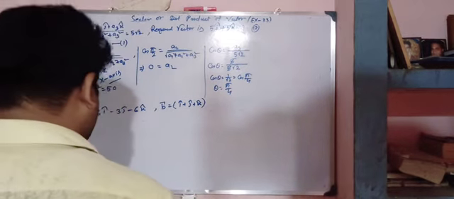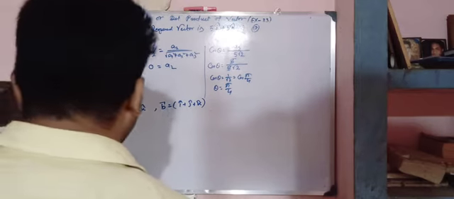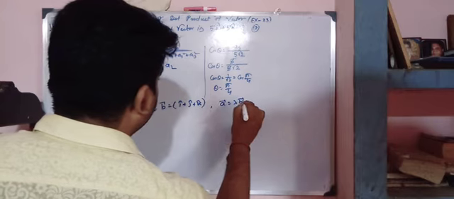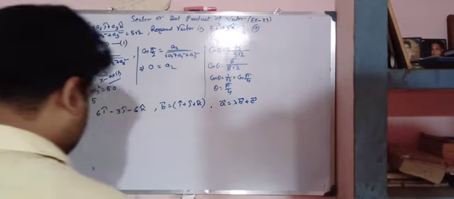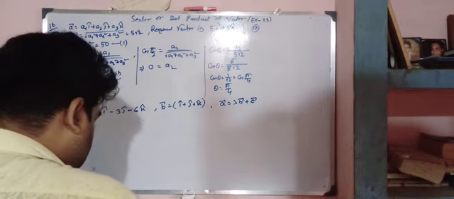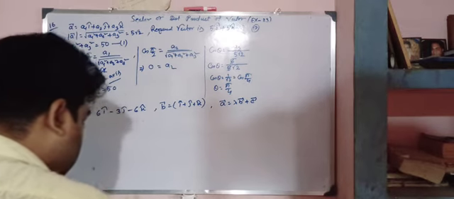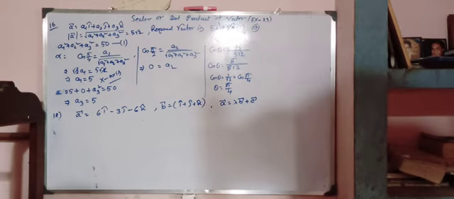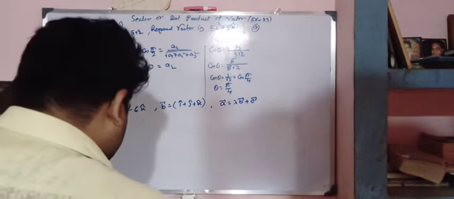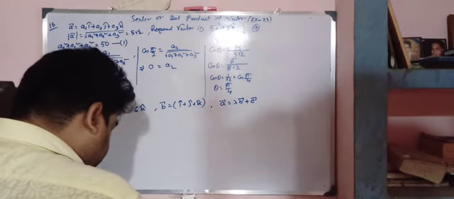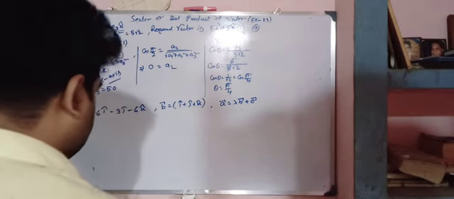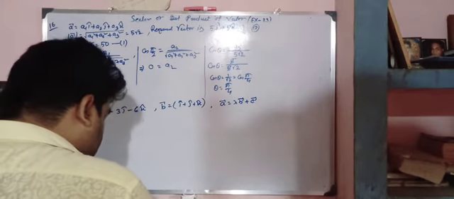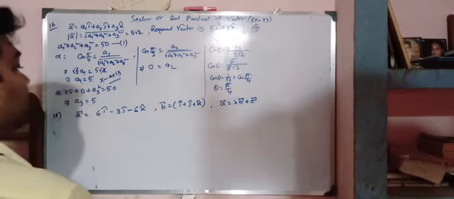So we should express this A vector as lambda B vector plus C vector. So A vector is equal to lambda B plus C. Now C is perpendicular to B.